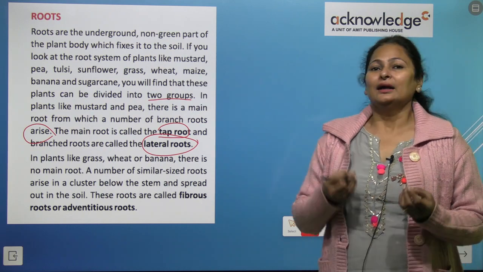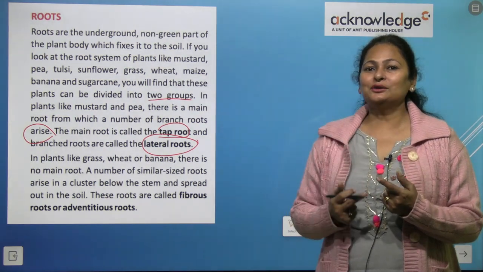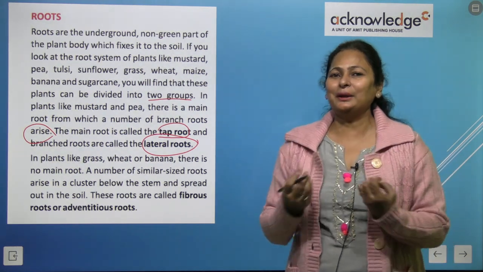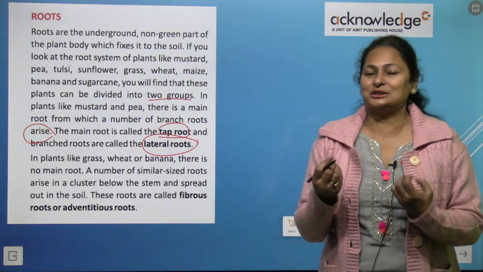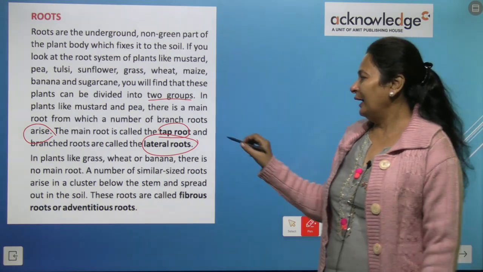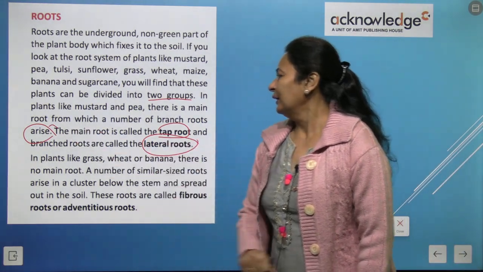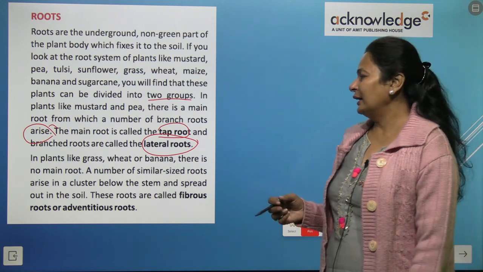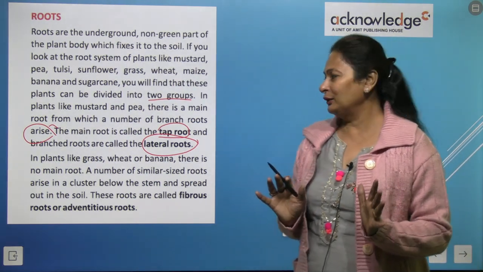Now, what is it? It is a single root, and out of this root, so many branches or smaller roots arise, right? In plants like grass, wheat or banana, there is no main root.